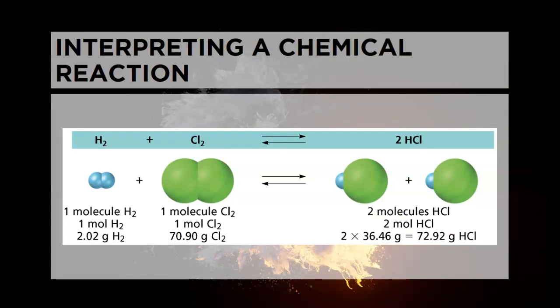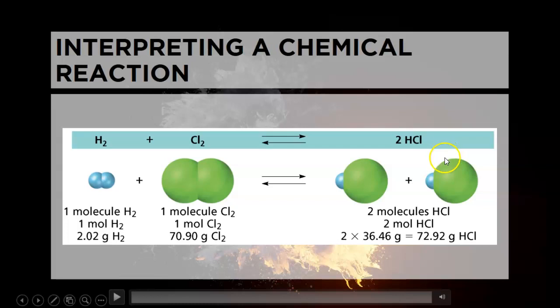So even though it's 1 mole, 2 moles, the mass ratio is 2 grams of hydrogen to 71 grams of chlorine gives me 73 grams of hydrochloric acid. So don't confuse that and think that the balanced equation is telling us grams, because it's really only good for molecules or moles. Those are going to be numerically the same.